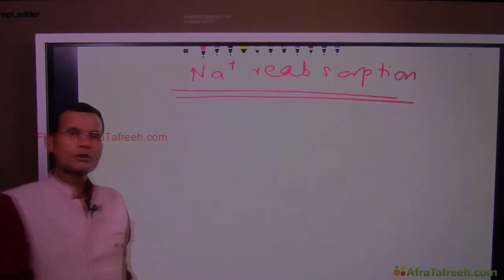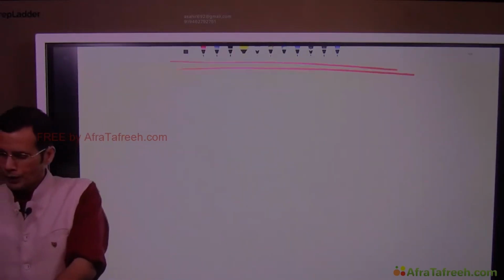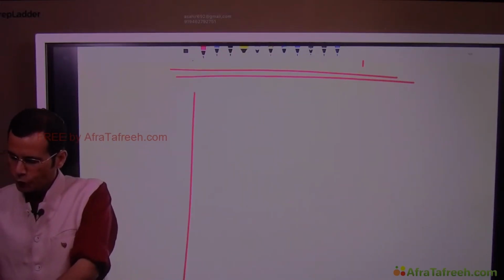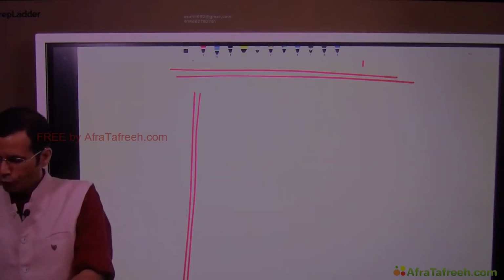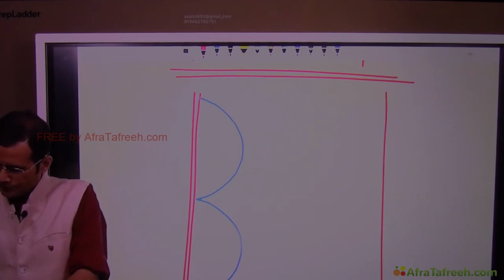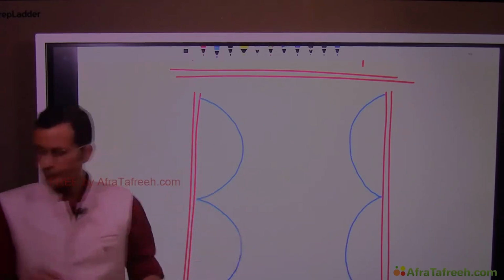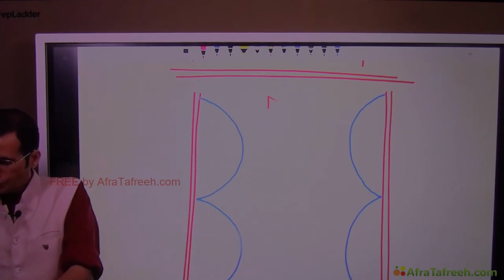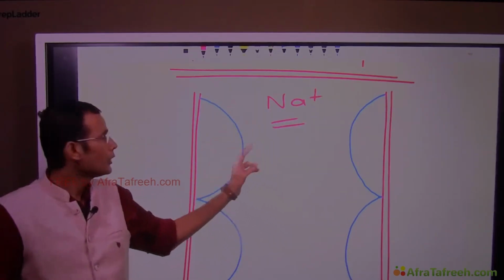So, sodium reabsorption is a two-step process. Watch this. Here is a renal tubule and we are currently looking at the lining cells. Here is the sodium in the lumen, in the tubular fluids.